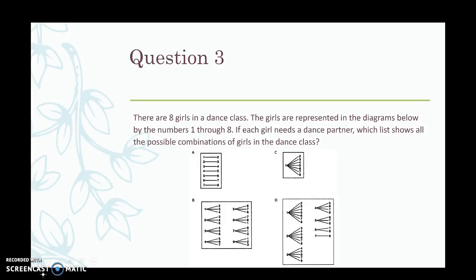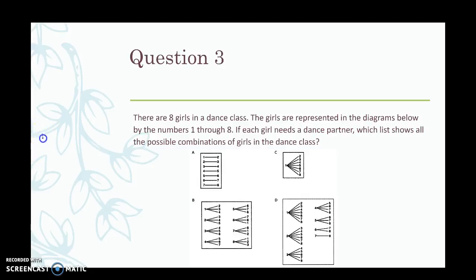Question 3. There are 8 girls in dance class. The girls are represented in the diagrams below by the numbers 1 through 8. If each girl needs a dance partner, which list shows all the possible combinations of the girls in dance? First of all, let's write it out and think about it.